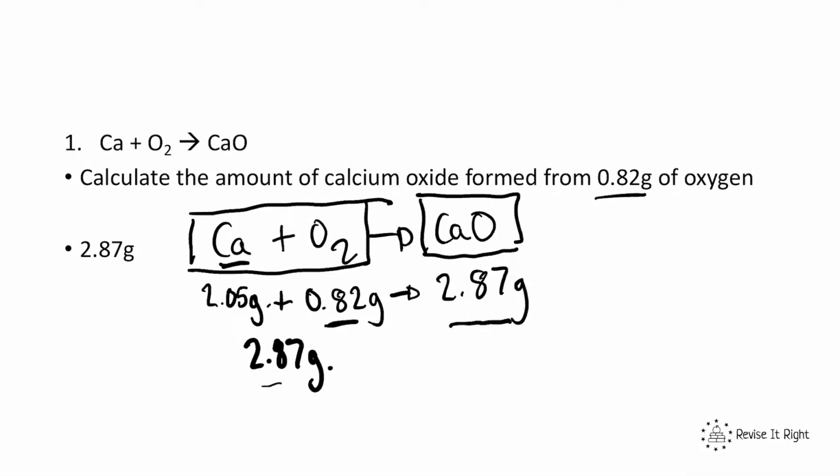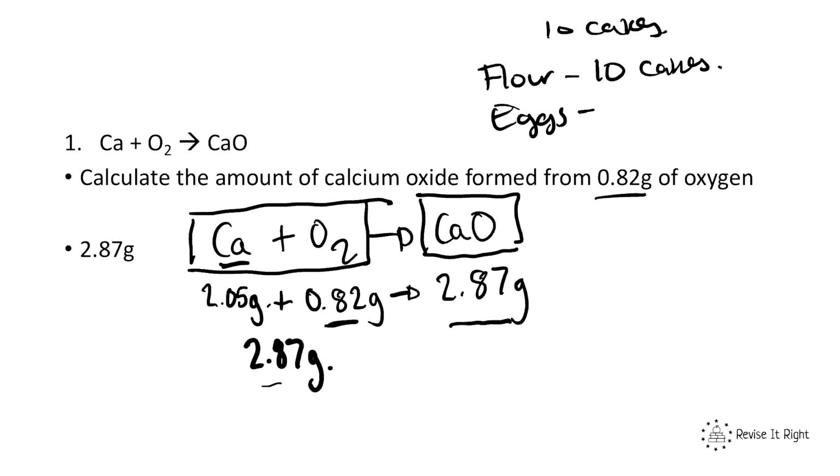Okay, so we want to make 10 cakes, and we have enough flour to make 10 cakes, but we only have enough eggs to make 5 cakes. Now, can we make 10 cakes here? No, we can't. We've only got enough eggs to make 5, and therefore we can only make 5 cakes. Therefore, eggs is limiting the amount of cakes we can make.